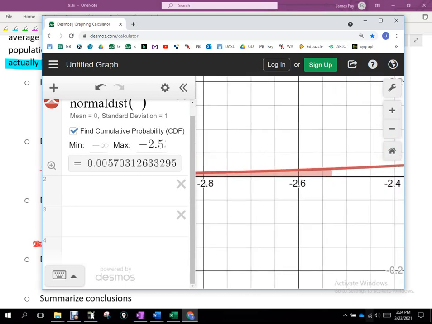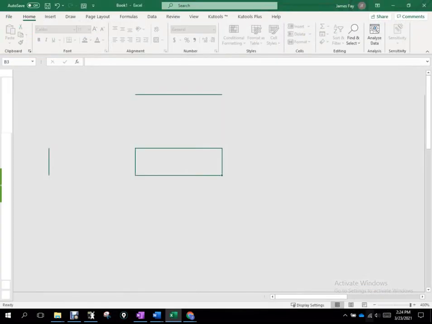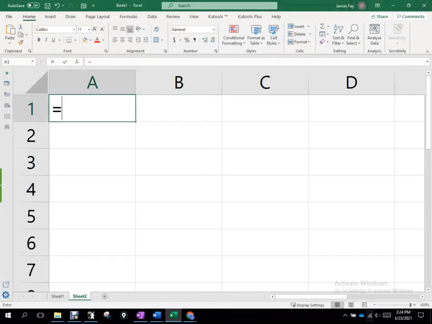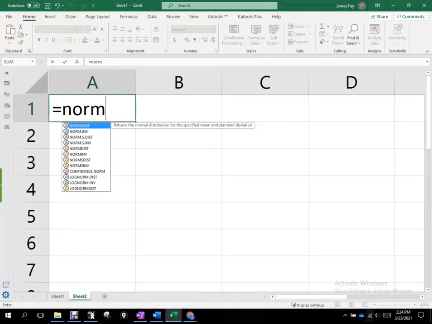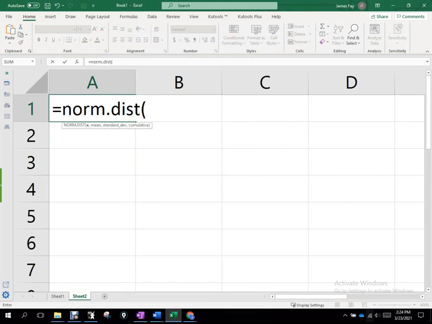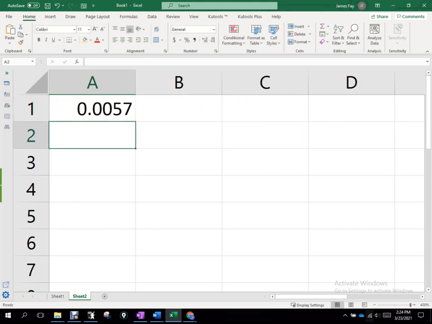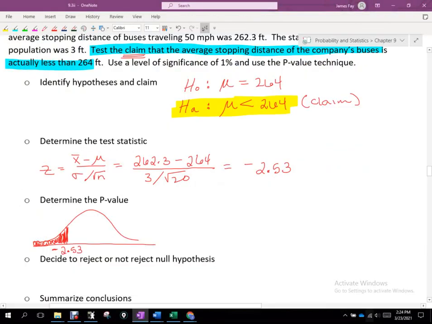Okay. You can do the same thing with Excel. So with Excel, we're going to go equals norm.dist. We'll type in our negative 2.53. And then the rest of this is always standard 0, 1, true. And there's the same 0.0057. Okay? So that's our p-value.